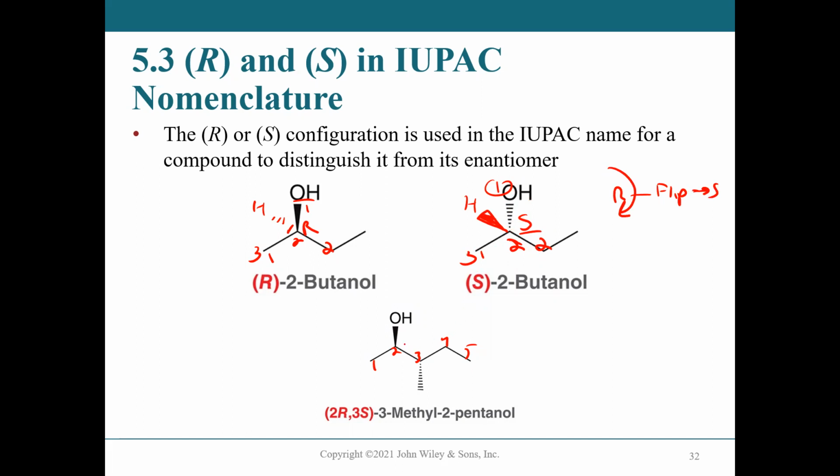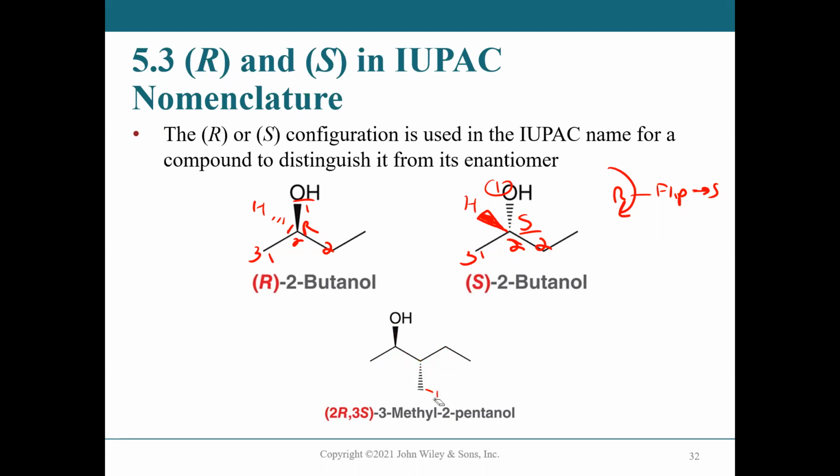Here we have 2 chiral centers. On the bottom one, we have 1, 2, 3. Here's your R. I'm going to erase this to make it easier. Here we have a carbon, here a carbon, here a carbon. I can't really tell which is the bigger one by just going down the first time. But if I look, starting here, coming off here, coming off here, I'm going to make this a dash. Actually, I'm going to do the dash for the second one.